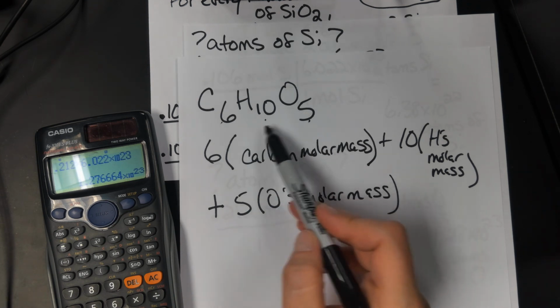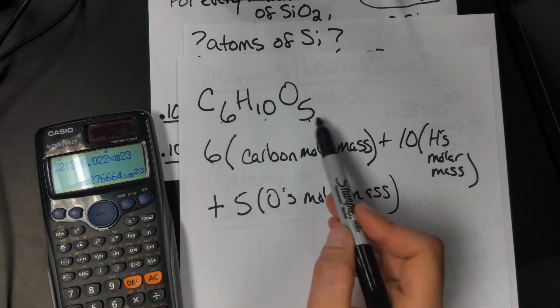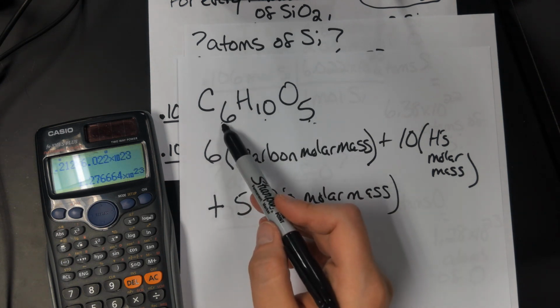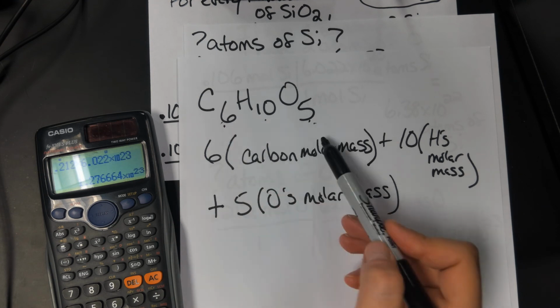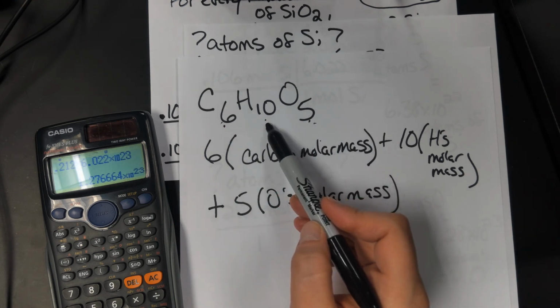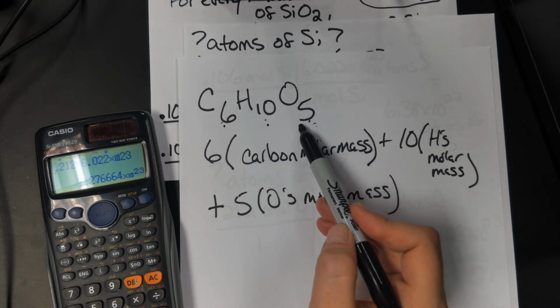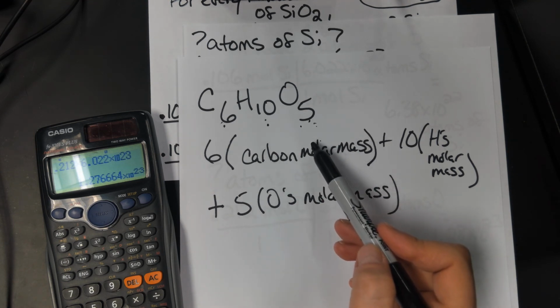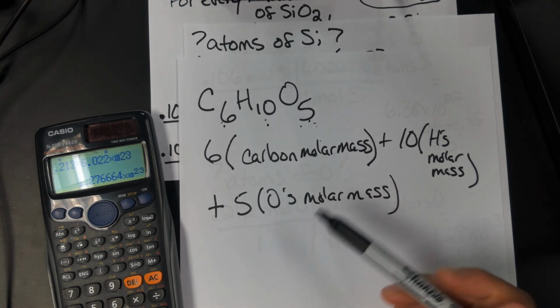So whatever the moles is that you find for this, you're going to multiply it by 6 to find moles of carbon, by 10 to get moles of hydrogen, and by 5 to get moles of oxygen. So that's your hint for that part.